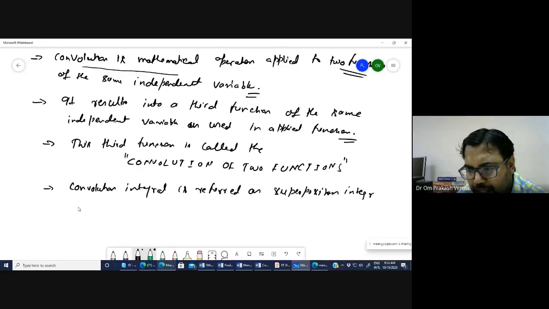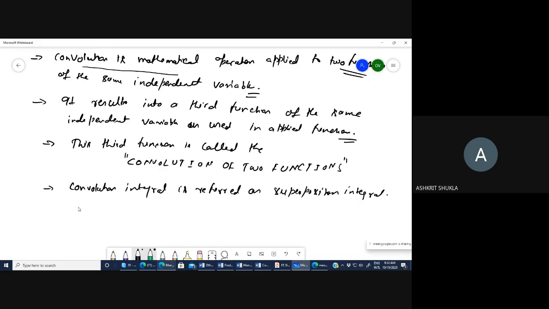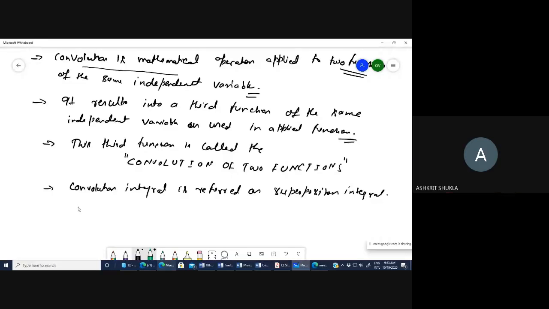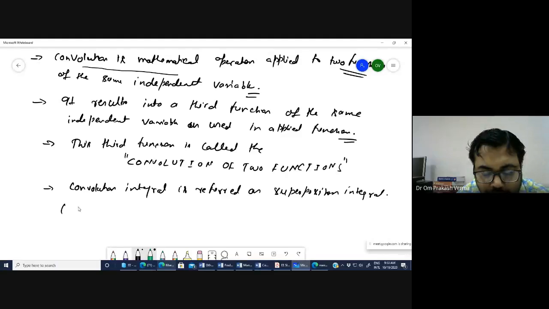Can anybody guess why it is called a superposition integral? सुपरइम्पोजिशन से थर्ड फंक्शन बनेगा. Sorry शुक्ला जी. फर्स्ट और सेकंड फंक्शन जो हमारा इंडिपेंडेंट वेरिएबल्स का होगा उसके सुपरपोजिशन से थर्ड फंक्शन बनेगा. Yes, it is one of the correct answers.